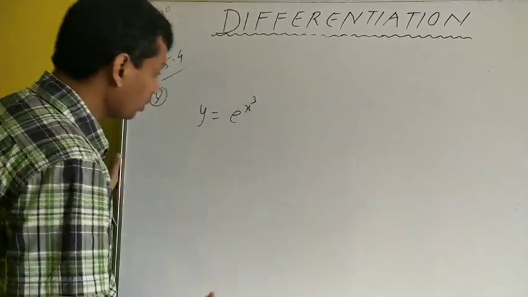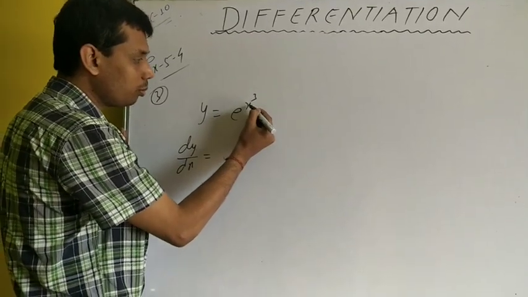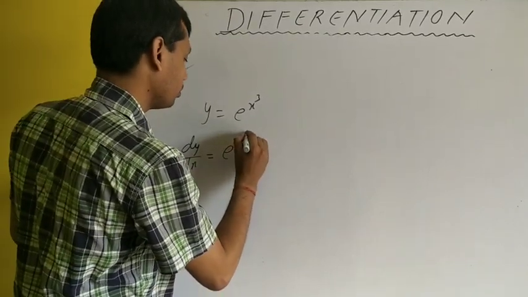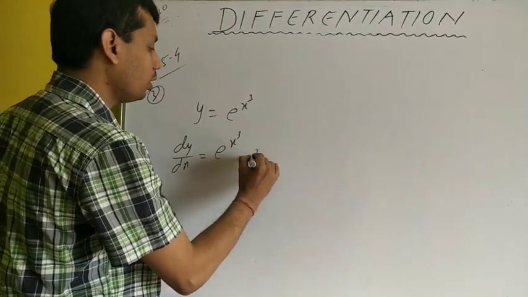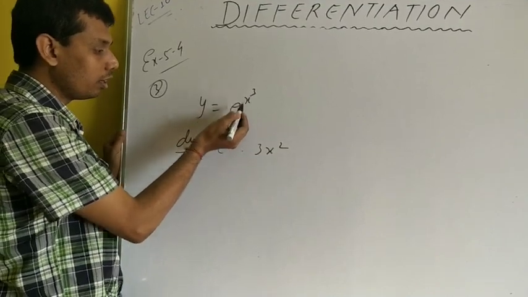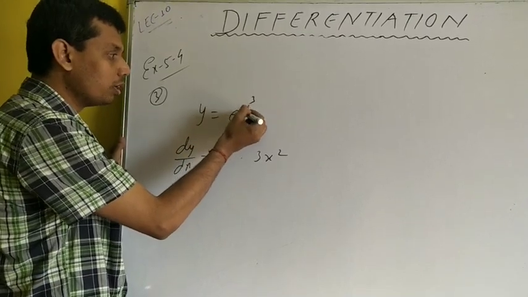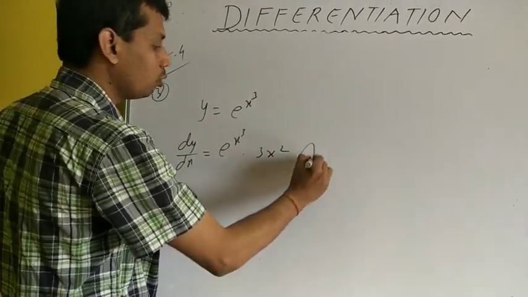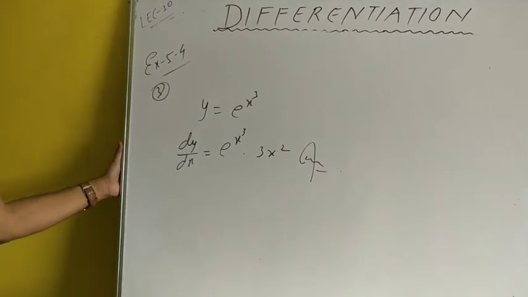Now here dy by dx is equal to differentiation of e to the power x, which is e to the power x, and then differentiation of this x cube is 3x square. Differentiation of x is 1. So here we have differentiated y is equal to e to the power x cube.